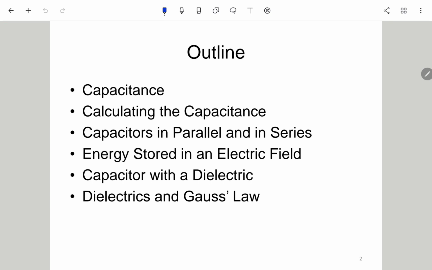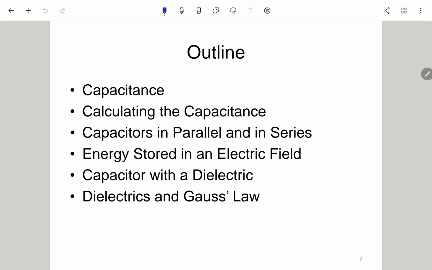Then finally we'll talk about the capacitor with dielectric. Dielectric is a way to increase the capacitance. Of course, the capacitance is related to the geometric shape. If you need a larger capacitance, then you probably need to increase the cross-section area or make the distance between the parallel plates smaller.